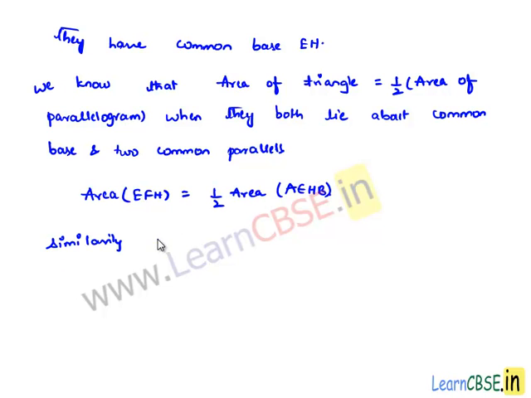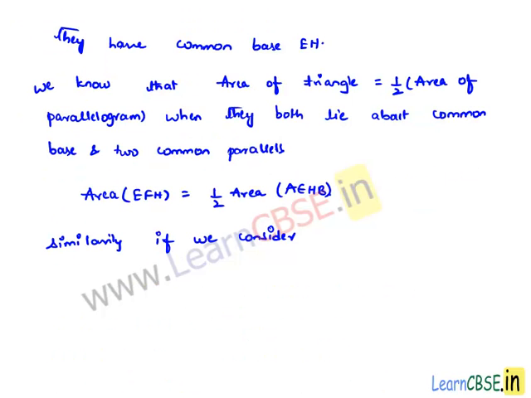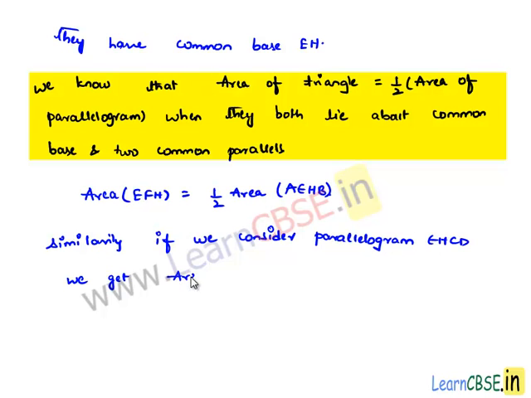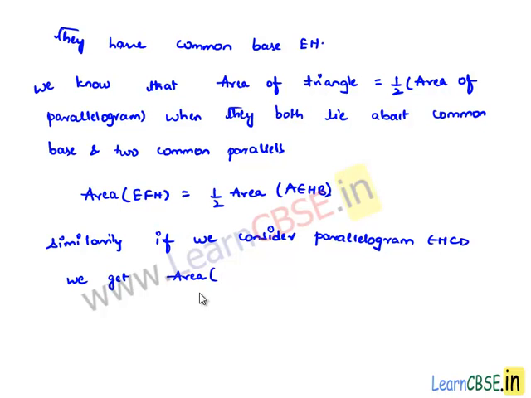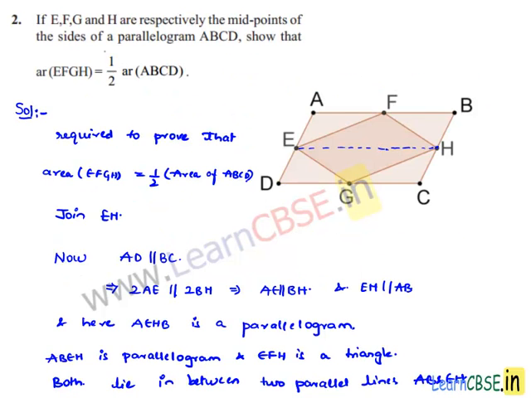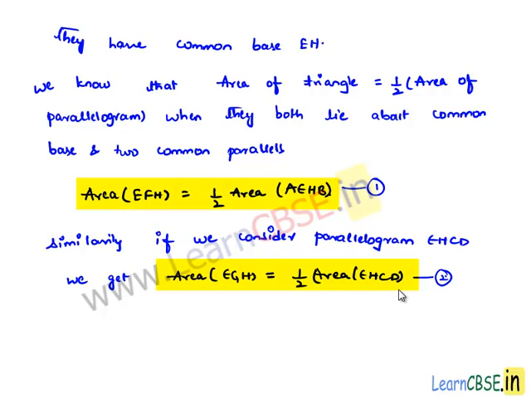Similarly, if we consider parallelogram EHCD, we get the area of triangle EGH is equal to half the area of parallelogram EHCD. Let this be equation number 1 and this be equation number 2.